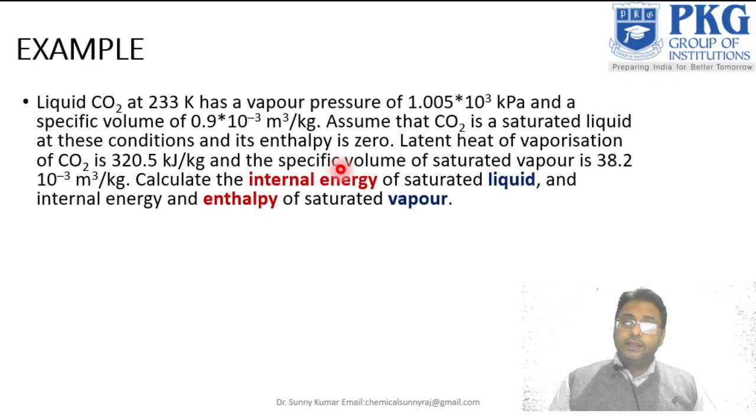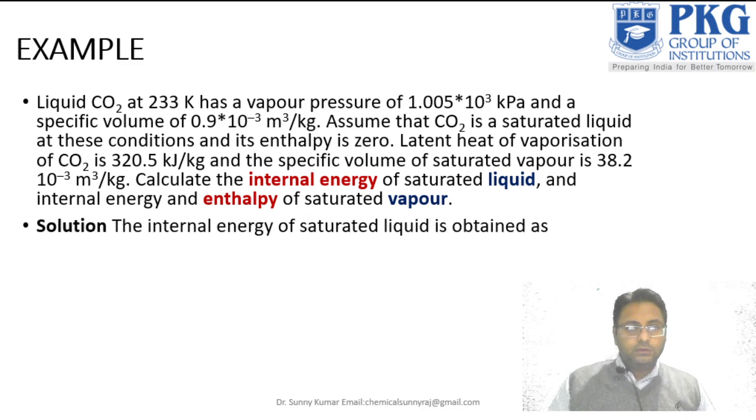The latent heat of vaporization of CO2 is 320.5 kilojoule per kg and the specific volume of the saturated vapor is 38.2 into 10 to the power minus 3 meter cube per kilogram. We have to calculate the internal energy and enthalpy of the saturated liquid and vapor, for the liquid and the vapor both.